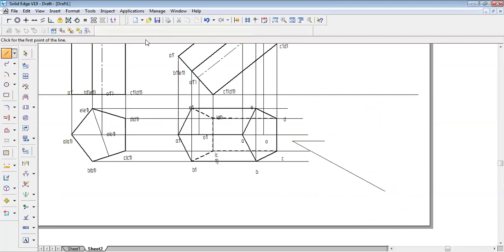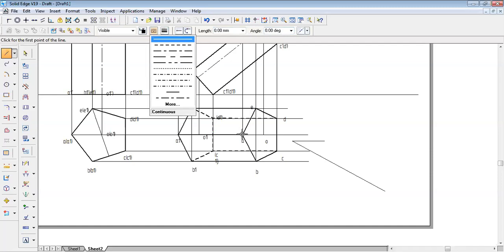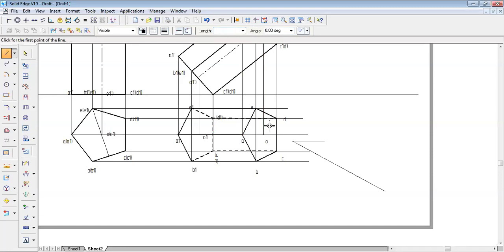Draw the axis line here. Then group everything here, pressing the control key.